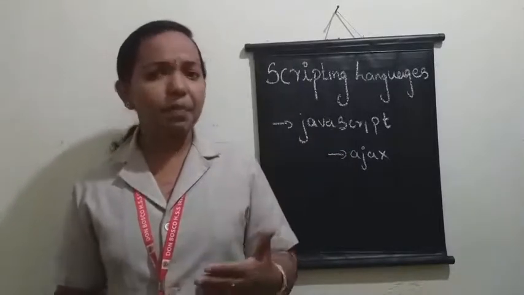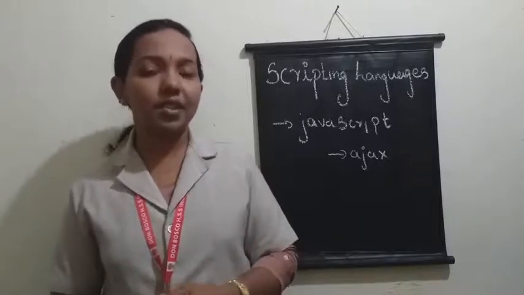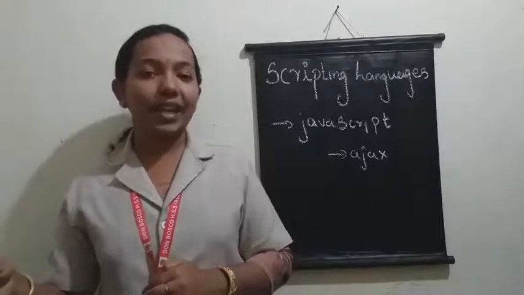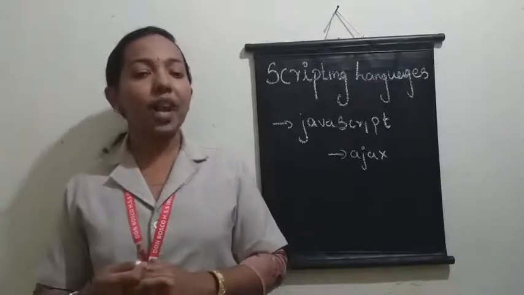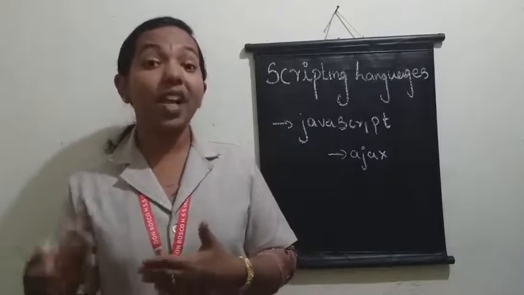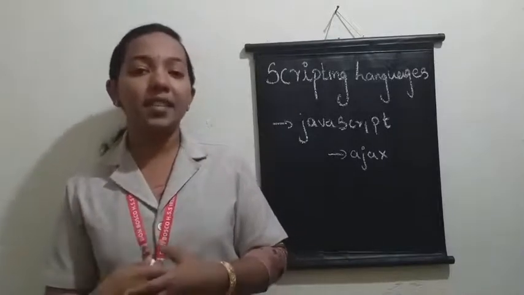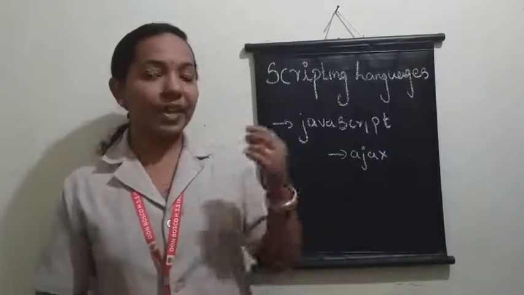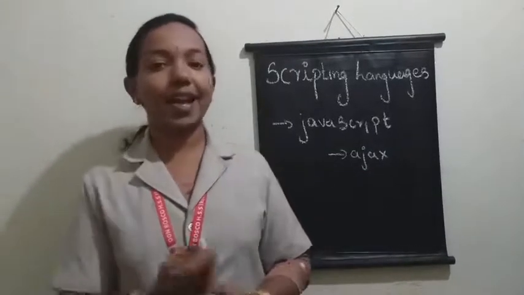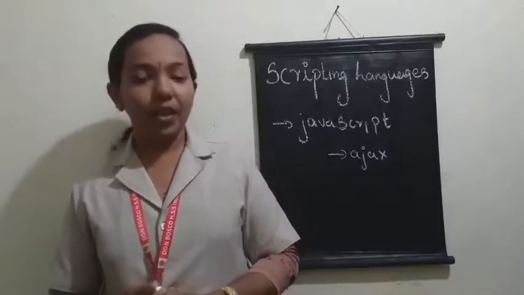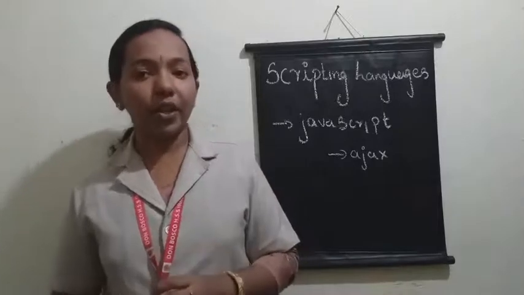When you type your register number, your details automatically come. Actually, your details are available in the web server, but without interacting with the web server, the data automatically comes. That means without refreshing the web page, we are getting that data. That speciality is known as Ajax technology, Asynchronous JavaScript XML. So this is an important property of JavaScript.